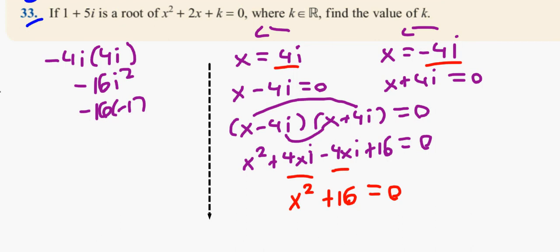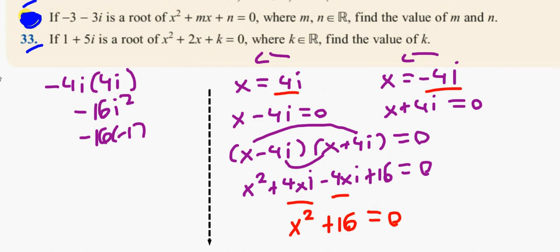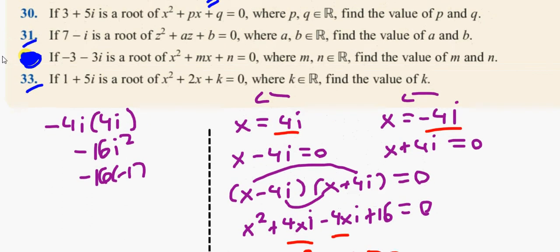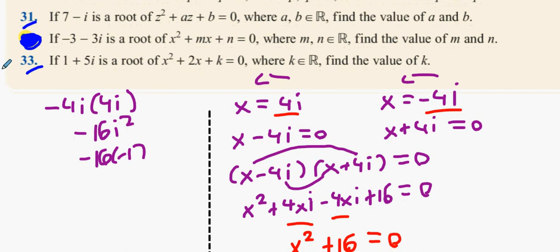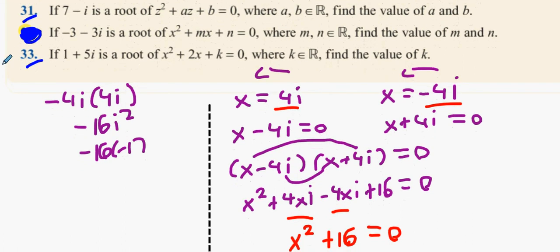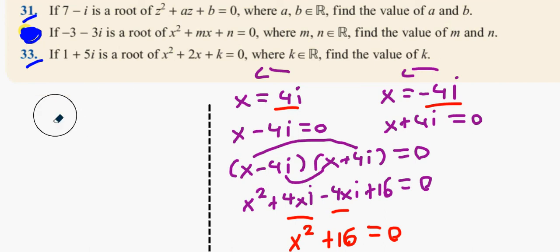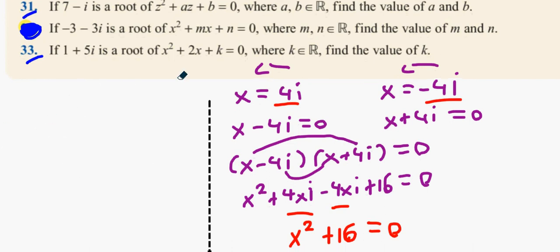We all good? Last one, do 31 and 33 now, is it? Alright. Now, 31 is reasonably easy. In 31, what we have is you're told one of the roots.